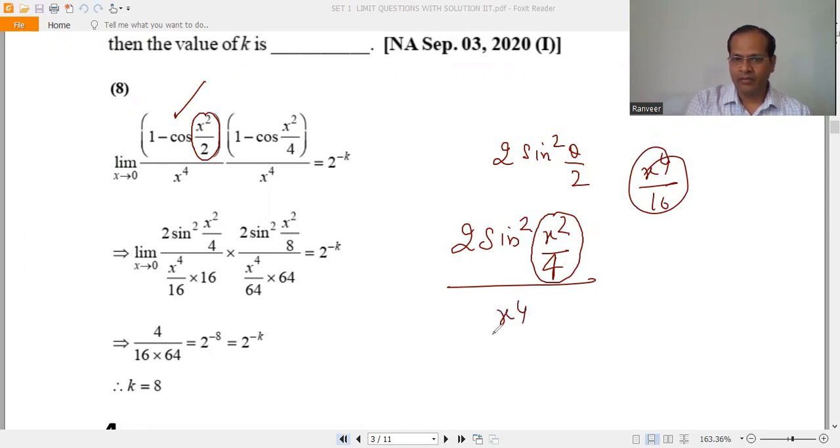So x to the power 4 by 16, first of all you write, so that this becomes 1. And x square to the power 4 is already there. That means you multiplied and divided by 16. Same way in this x to the power 4, 64 is there. Because the power is 2, definitely 64 is required, because 8 is in the value.